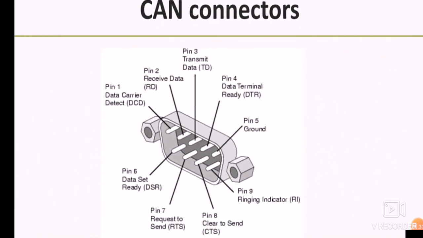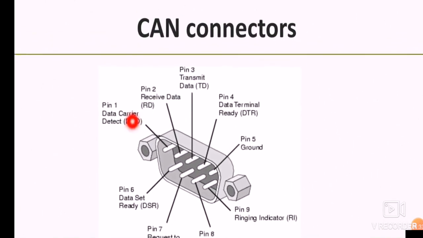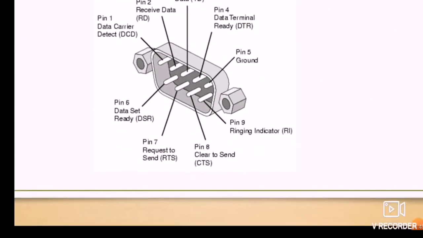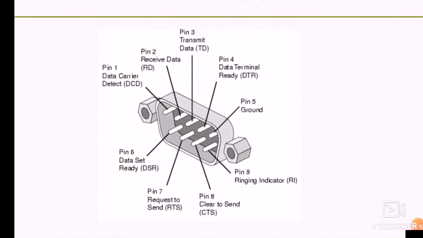If we start with pin 1, from our side we have to start counting from left to right. So here 1 2 3 4 5 and again 6 7 8 9. For example, if you're working on an industrial standard and someone asks you to do some soldering or connection on pin number 7, then you have to count this way: 5, 6, 7.